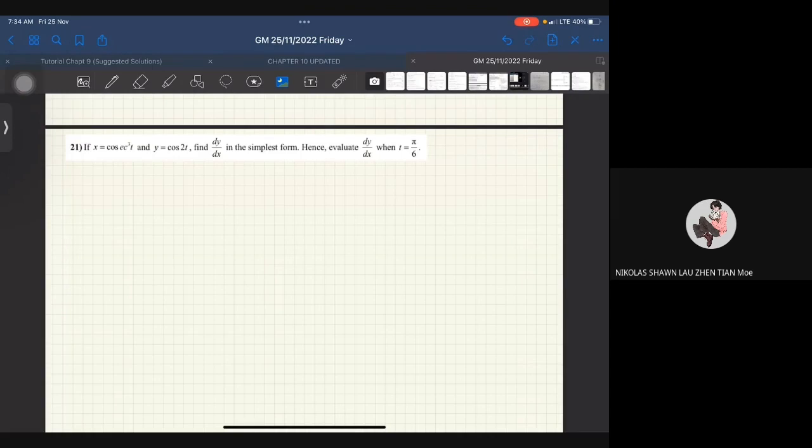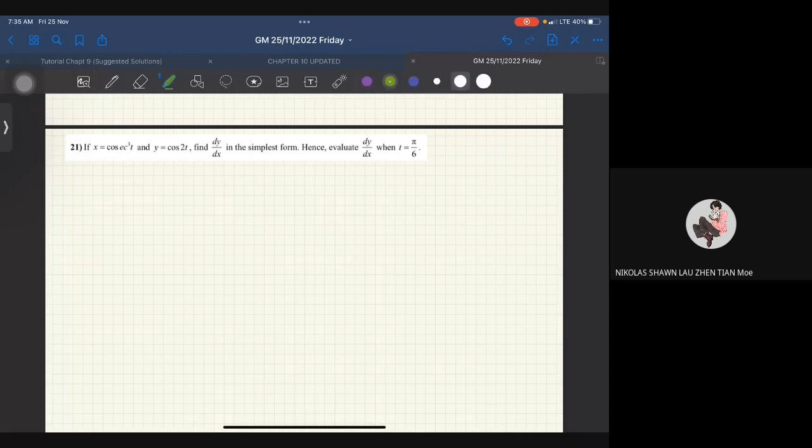Let's take a look at question number 21. If x is equals to cosecant cube t and y is equals to cos 2t, find dy dx in the simplest form. Then we evaluate dy dx when t is equals to pi over 6. Here we have variables x and y.